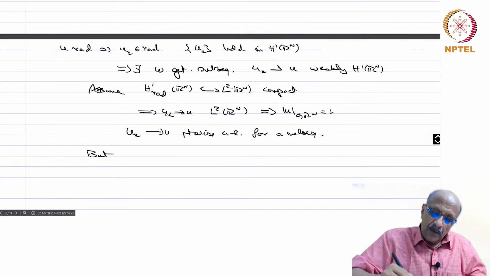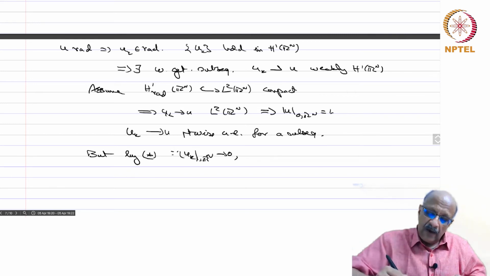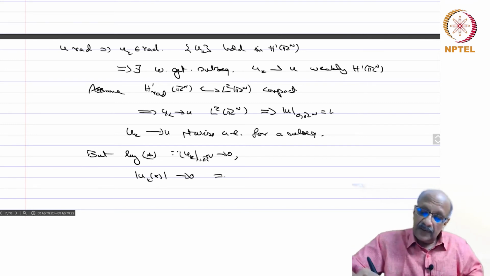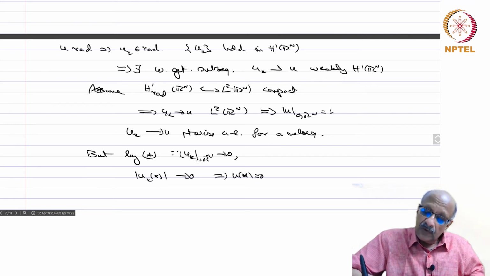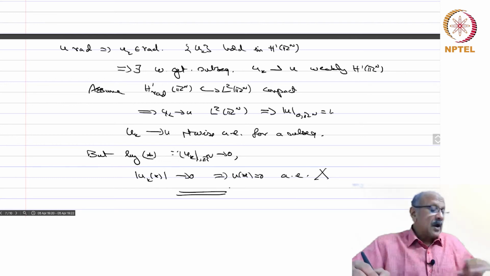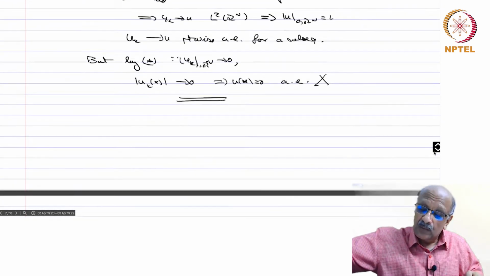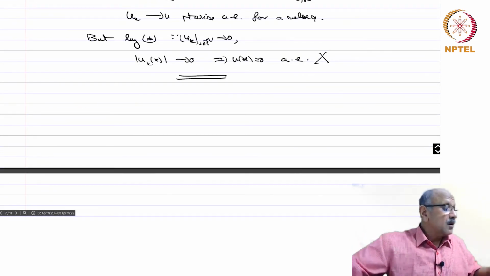But by star, since the H^1 norm of u_k goes to 0, we have |u_k(x)| goes to 0, and this implies that u(x) equals 0 almost everywhere, and that's a contradiction, because the L2 norm of u is equal to 1, and that is not possible. So you have that in both the L2 and L2 star cases, both of them are not compact.